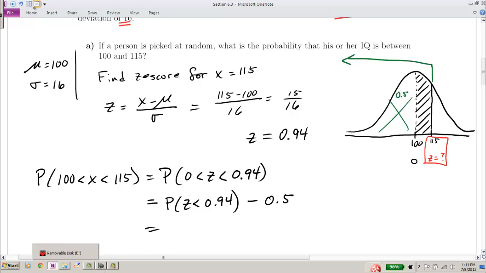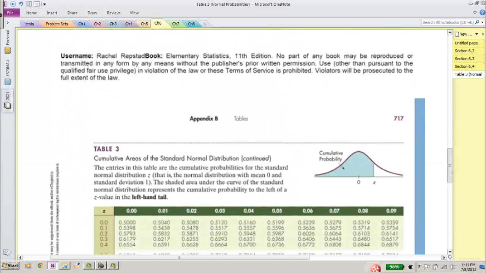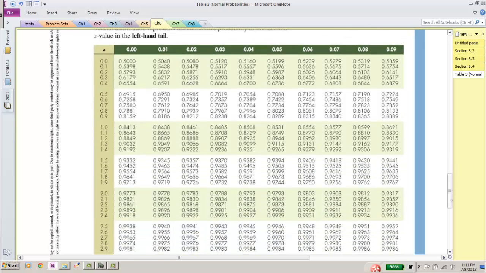So using the table, we're looking up a z-score of 0.94. Here's 0.9.